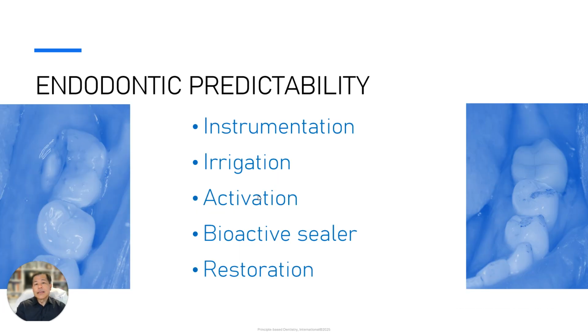So this is the type of predictability that we hope you can all enjoy today with the instrumentation we have, with the irrigants, and the activation that we have. We can clean those canals out very predictably. We seal the canals up with a bioactive sealer that is not cytotoxic, so it's very kind to the tissues around the apical area of the tooth, so we don't have any kind of post-op sensitivity after the root canal is done.